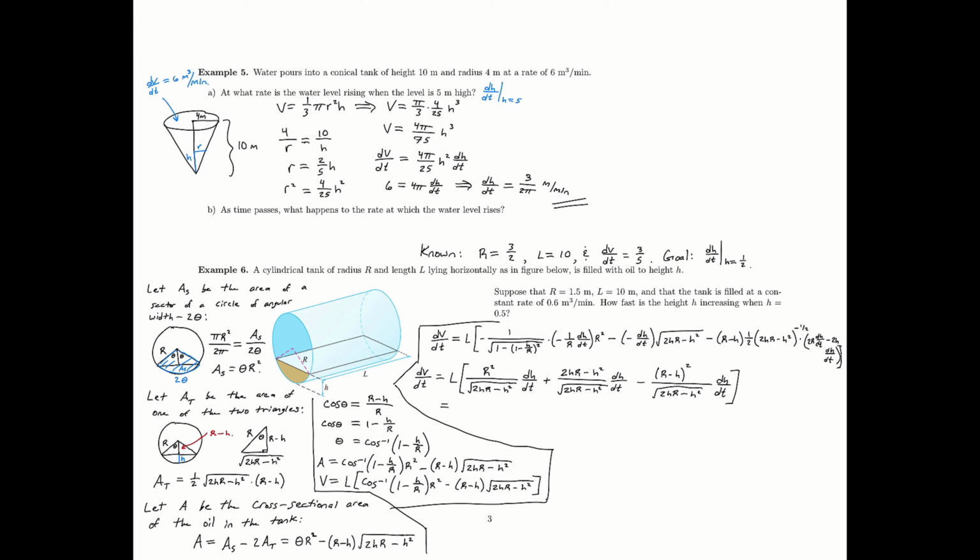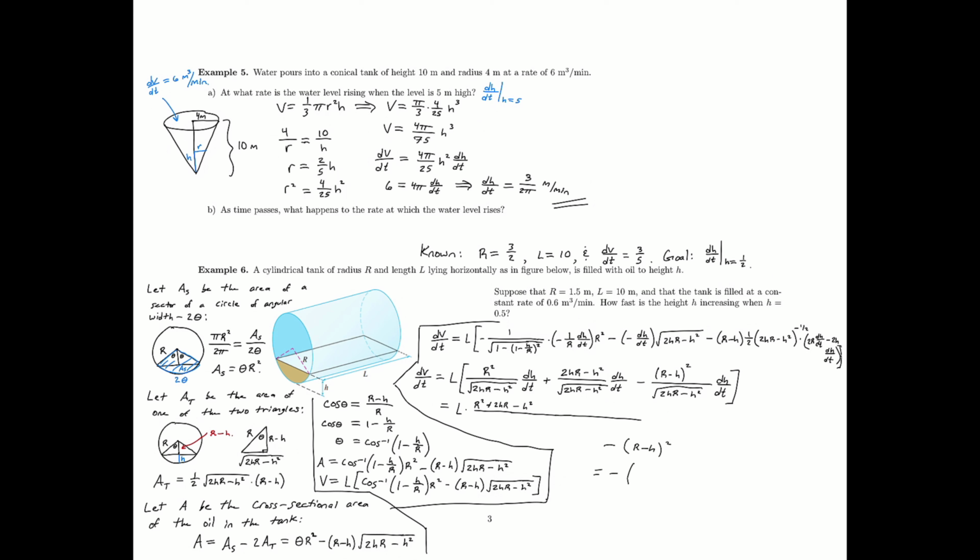All right, continuing. L times, well, really, doesn't even seem like we need brackets. It's just L times some big fraction times dh dt. We have an r squared plus 2hr minus h squared. Our fraction might need to be even bigger. Now we have to subtract this expression FOILed out, so let's go ahead and do that.